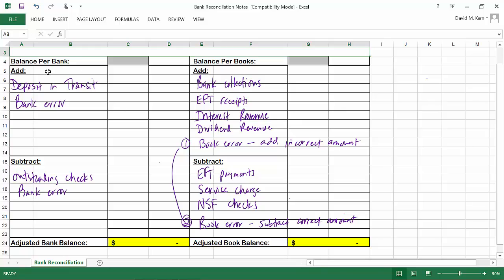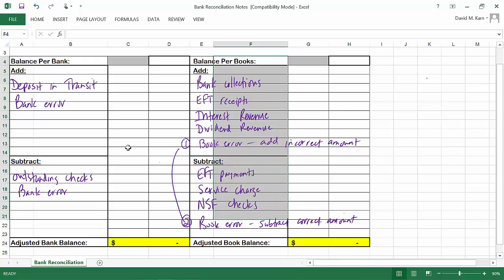And then we'd have the balance per bank side and the balance per book side. So let's go through each of these sides and see what potentially you could have to put in these areas. Now, just because they appear here doesn't mean that every problem will have them. This is just a generic overview of what you may find.